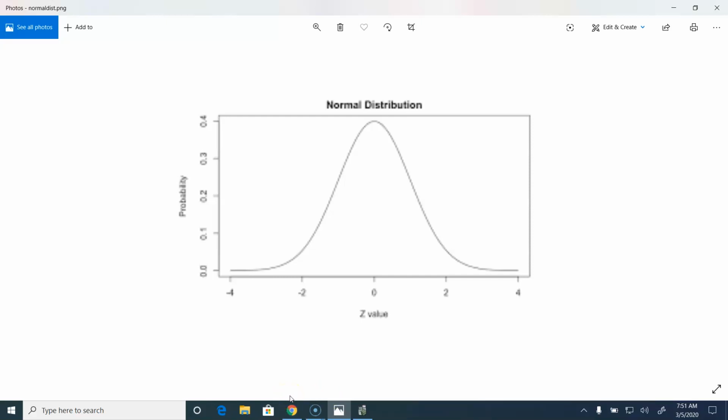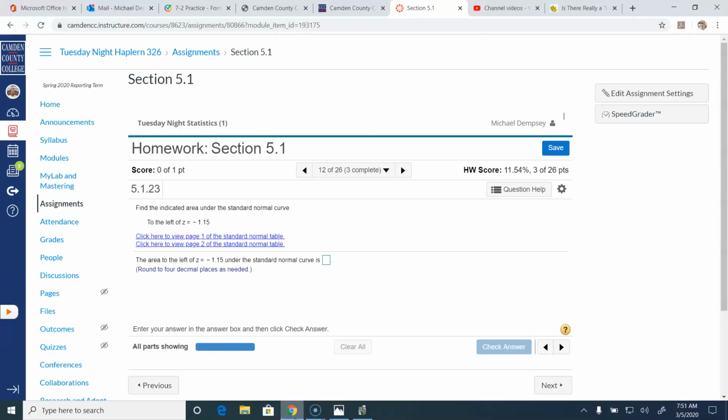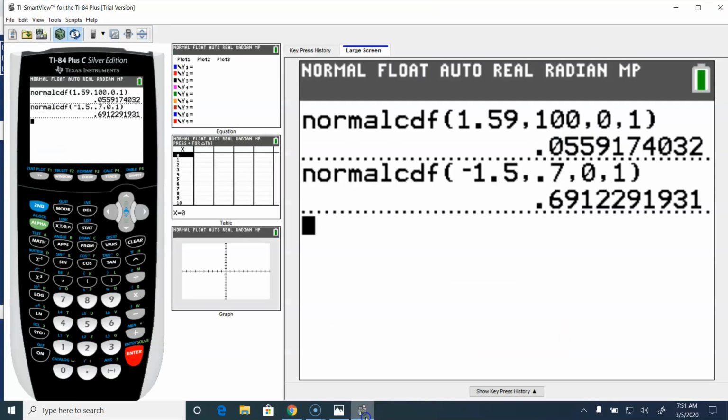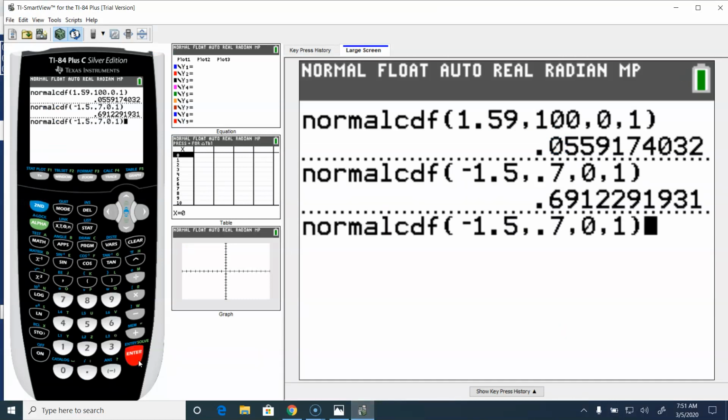My lower limit now, if I want the area to the left of negative 1.15, is going to be like negative 100, and my upper limit is at negative 1.15. So if I use second enter, I'll go all the way down to negative 100.